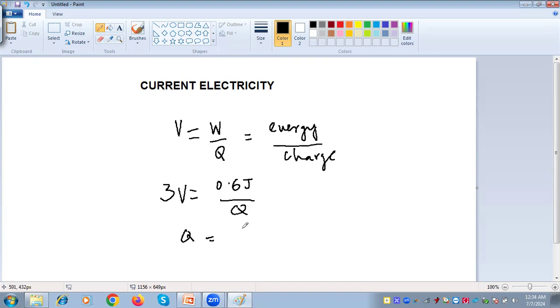Q is equal to 0.6 divided by 3. So what will be our answer? When we divide 0.6 by 3, we get 0.2. What is the unit? 0.2 coulomb of charge will be flowing through the bulb.